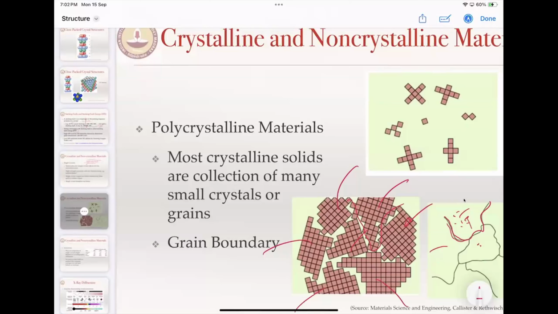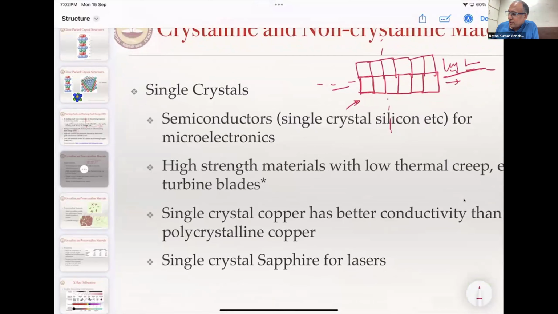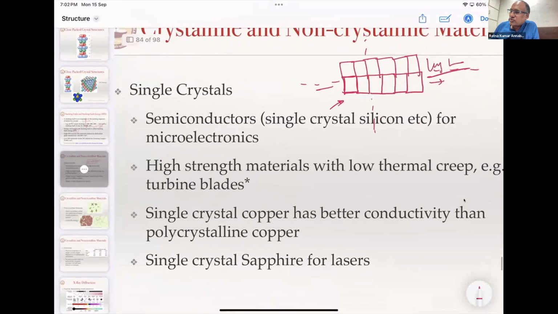Sir, in general, do you have any examples of these categories, like metals or something? I will talk about them. We are only talking about metals. You will have copper, which is polycrystalline copper. You can also have a single crystal copper. For example, single crystal materials are extremely useful for turbine blades. All turbine blades are usually made of single crystal materials.